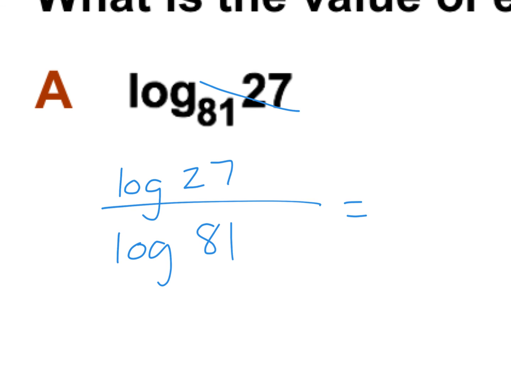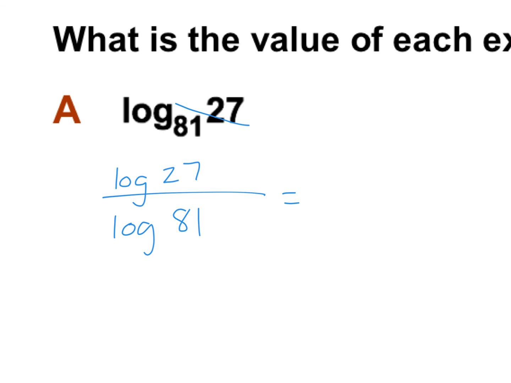So in our calculator, we can figure out what the log of 27 is. So we just click log 27. I think if you do it on the phone, you have to do it backwards. So you would do 27 and then log. We get 1.4313. And then we would do the log of 81.